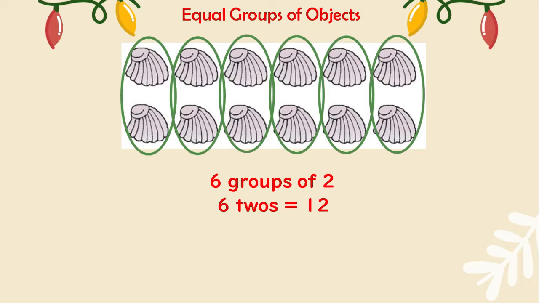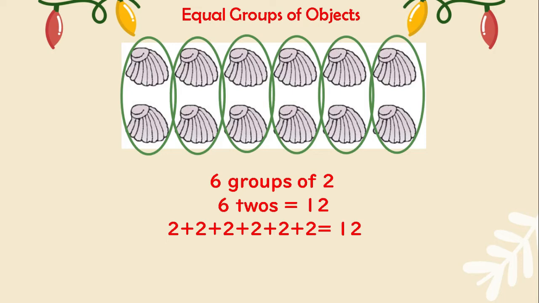Very good. And we're going to add 2 by itself 6 times. Or for us to easily count it, we can just do skip counting by 2. And don't you know, kids, that we can count objects easier if we're going to group them. And we can also count things in group by doing skip counting.